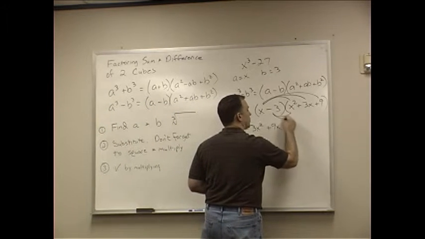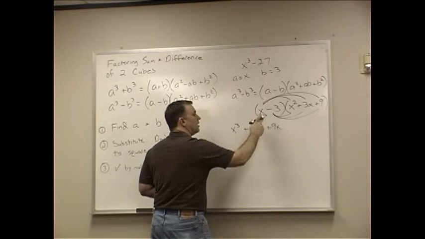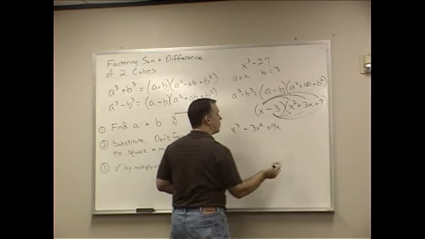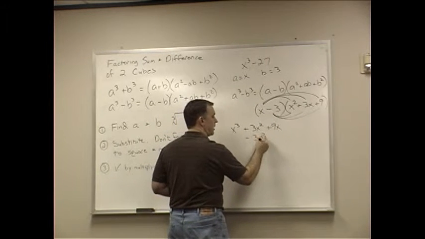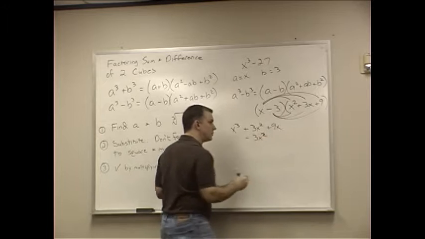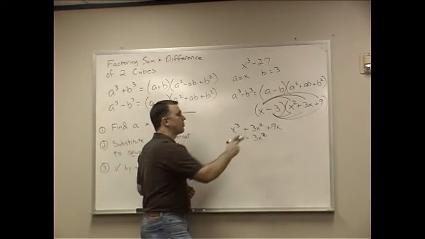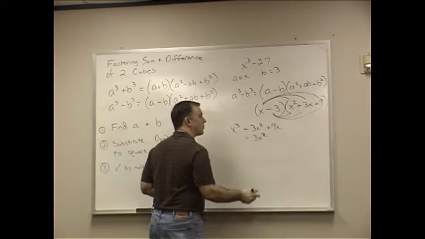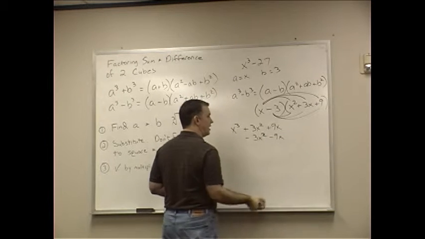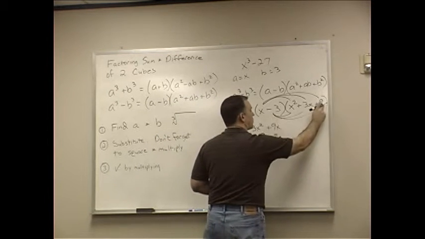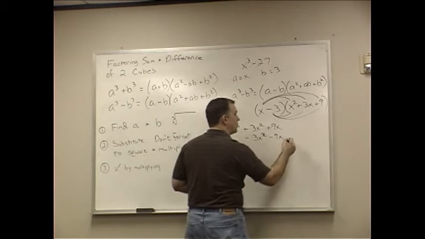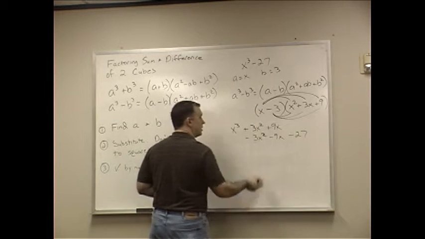Now let's distribute through the negative 3. Negative 3 times x squared, I'm going to write it underneath. Negative 3x squared. And then negative 3 times 3x, that's negative 9x. And negative 3 times 9, that's negative 27.